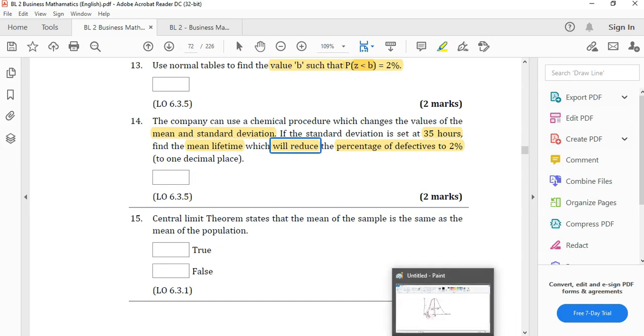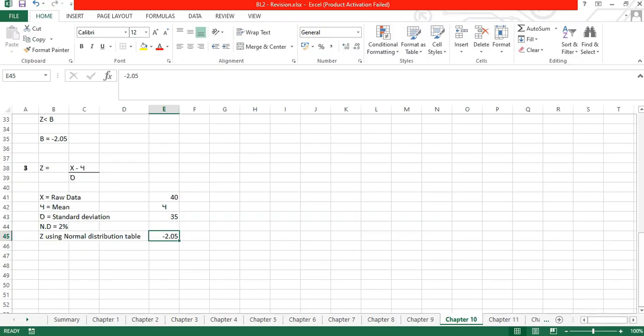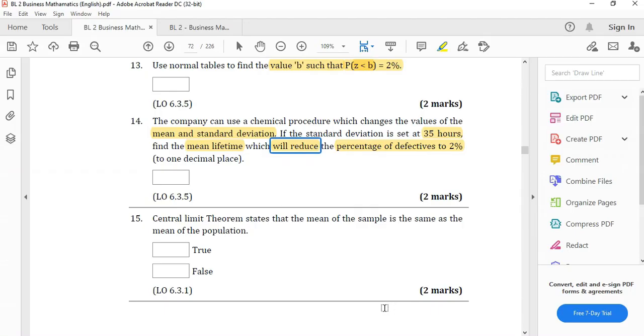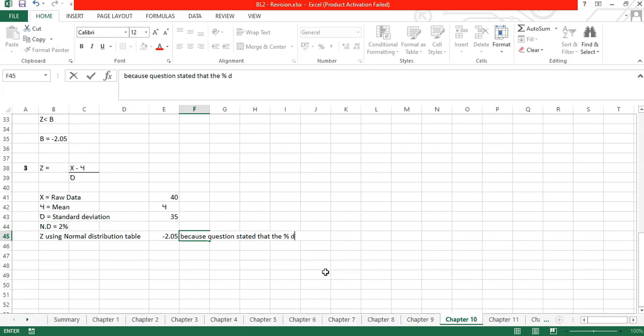That's the reason we use minus 2. Then therefore our z value will be a minus, because the question stated that the percentage defectiveness is reducing.